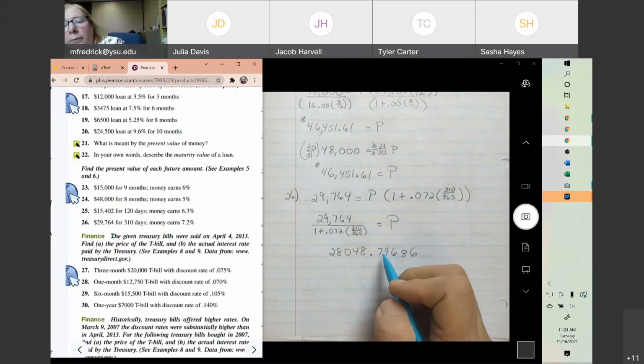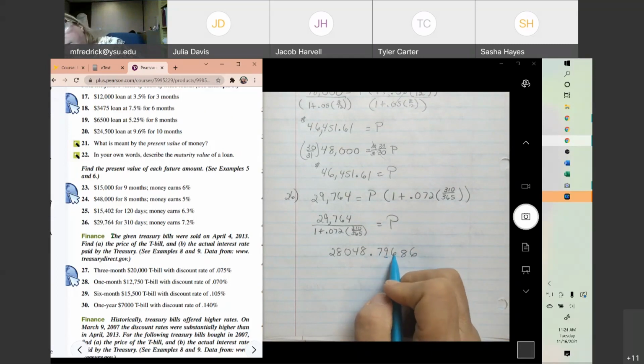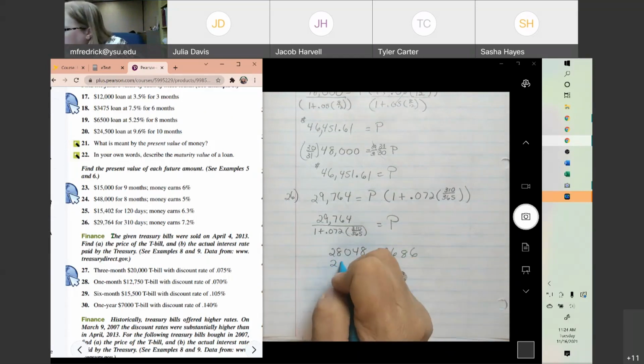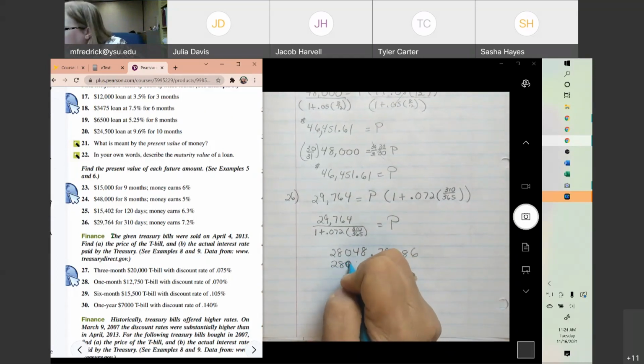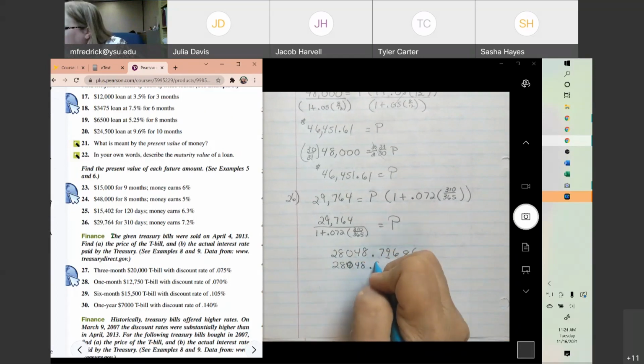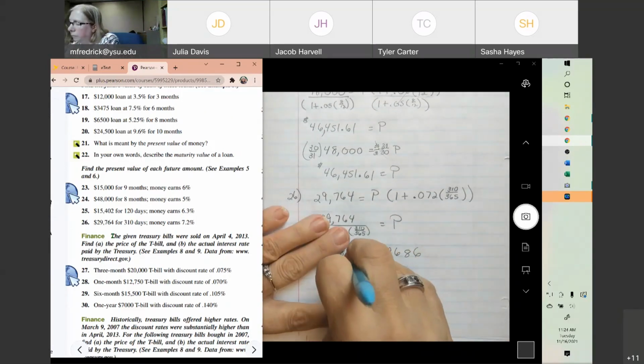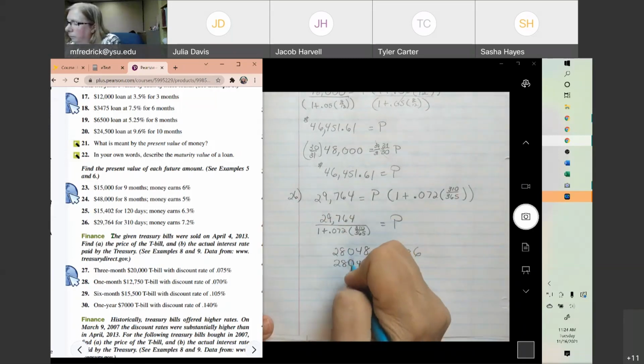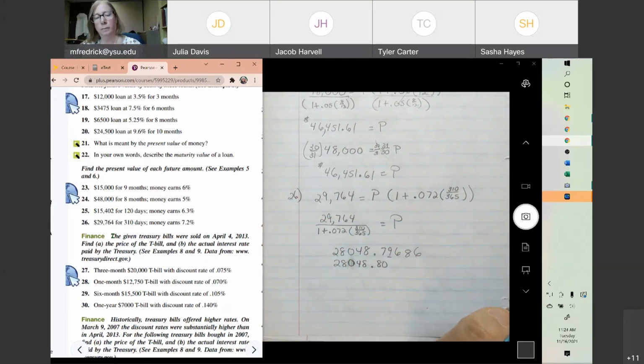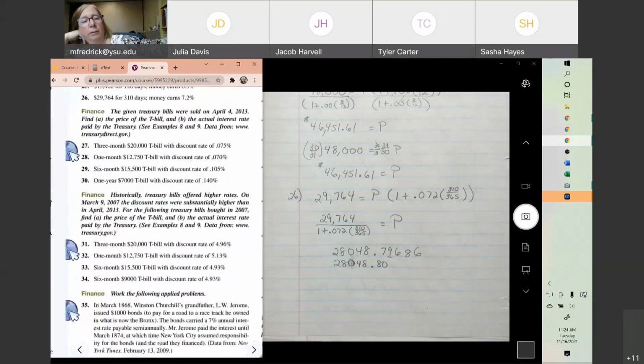On this one, when you're rounding, because we're rounding money, so round to the nearest cent, this 6 will round this up, so the 79 rounds up to an 80. Any questions on that? Okay. Number 39.